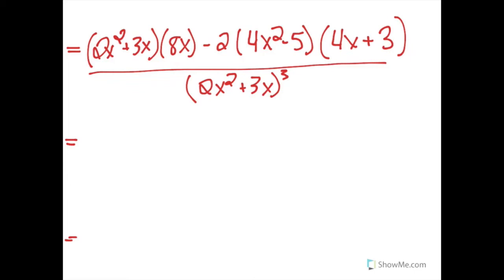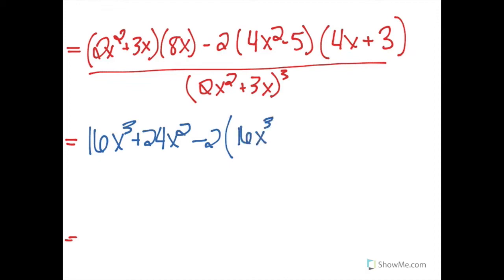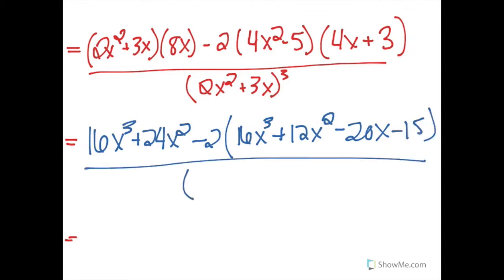So we should have in the front 16x cubed plus 24x squared. Then minus 2. Now we have to FOIL these, so it should be 16x cubed plus 12x squared minus 20x minus 15, all over 2x squared plus 3 cubed.